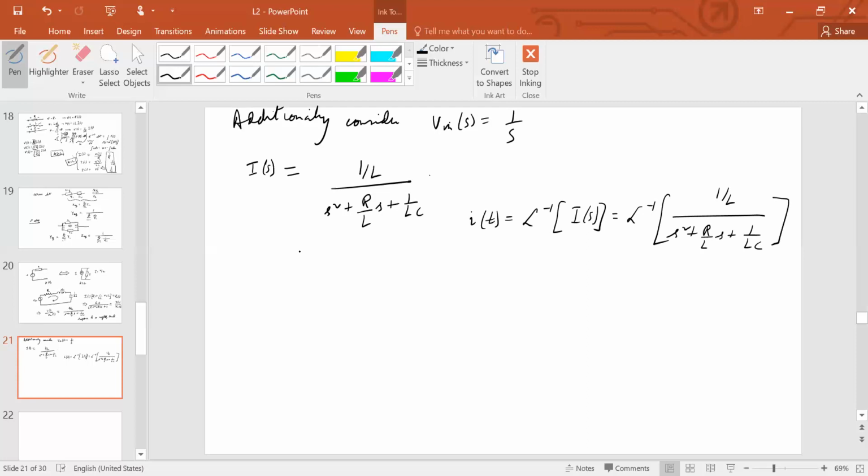Now we just use the techniques that we've learned so far. So i of t is equal to the Laplace inverse of, let's just play around with the denominator first.